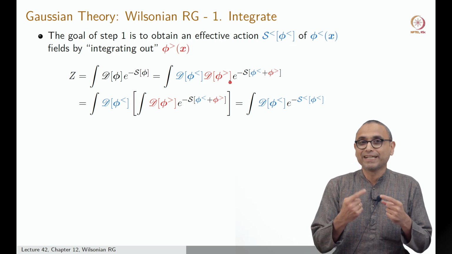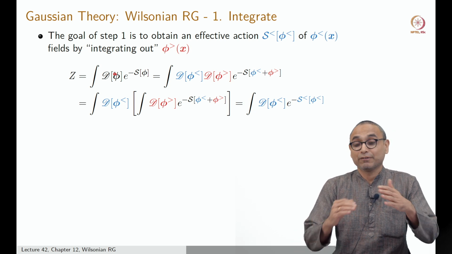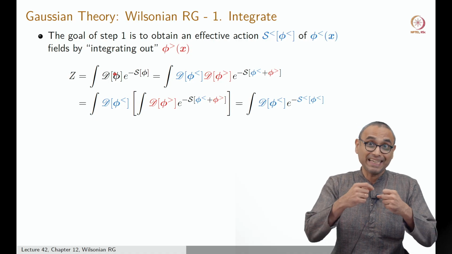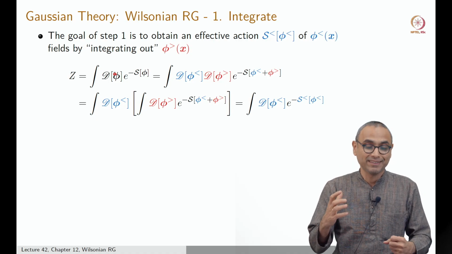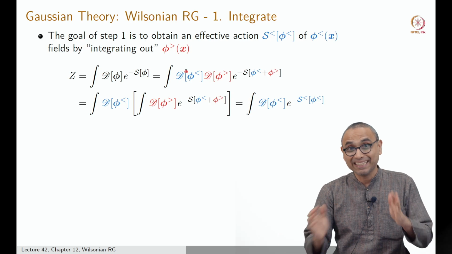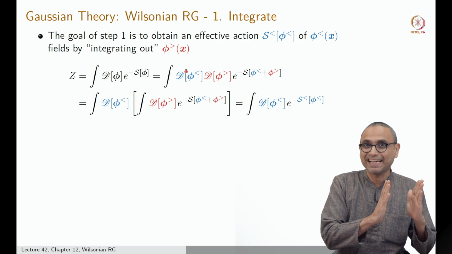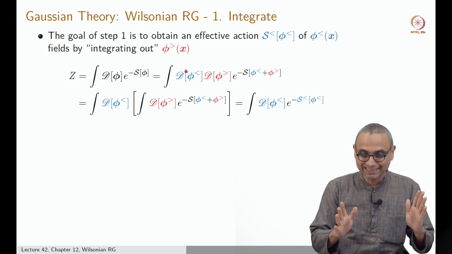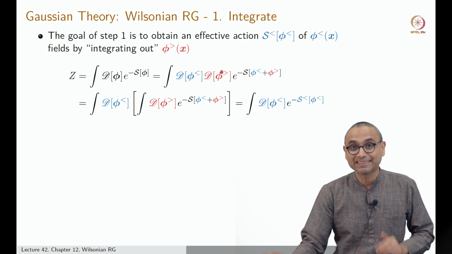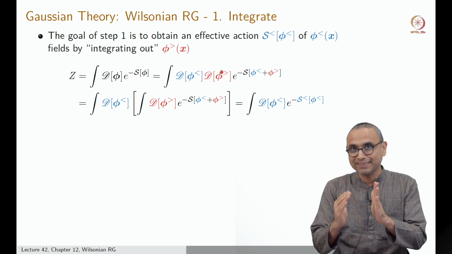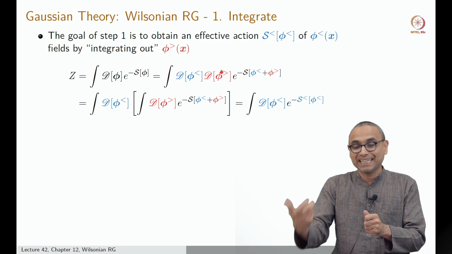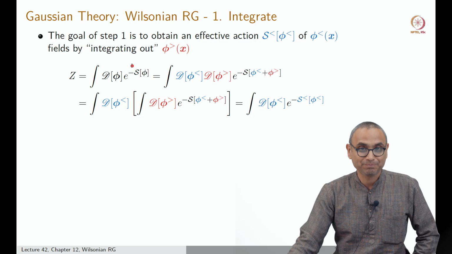Now remember how we defined this functional integral. The functional integral was defined as an integral over the Fourier modes. So this d phi less than is the integral over all Fourier components less than lambda by s, and this is the integral over all Fourier components between lambda by s and lambda. That is what we mean by this.